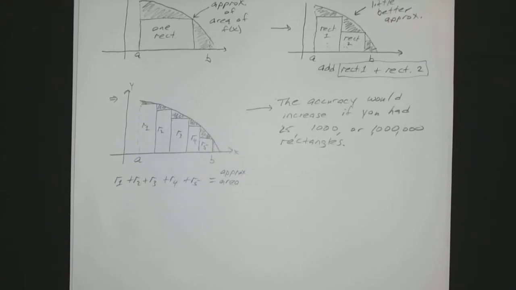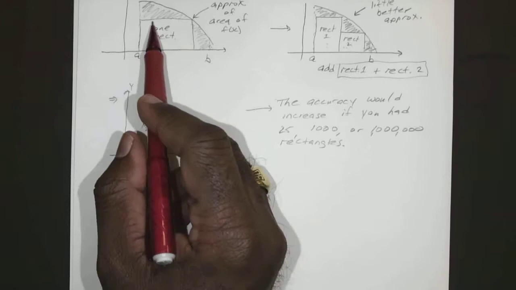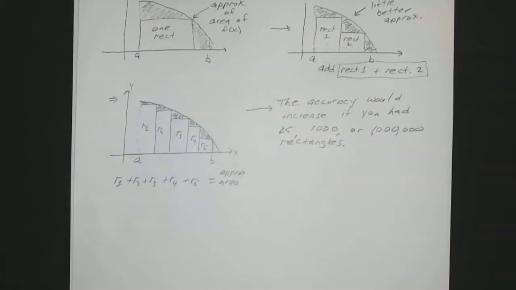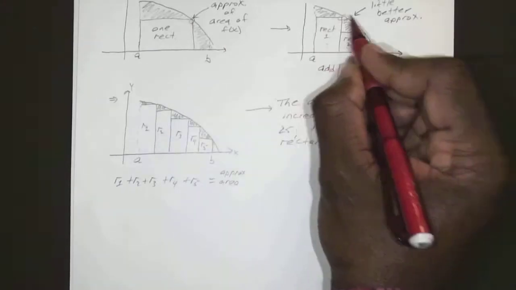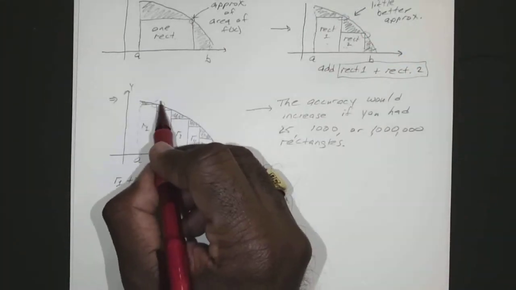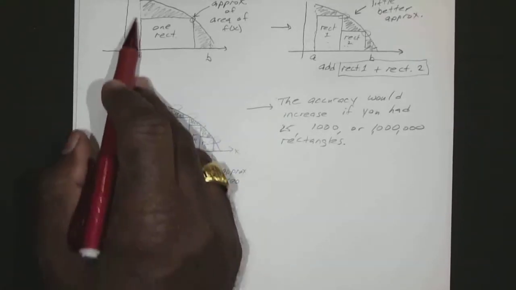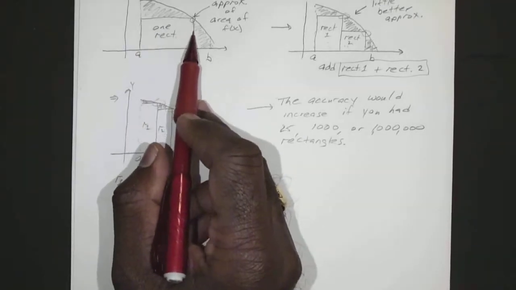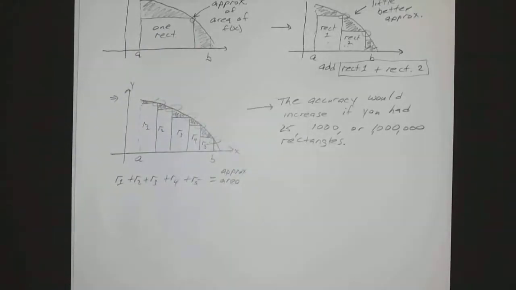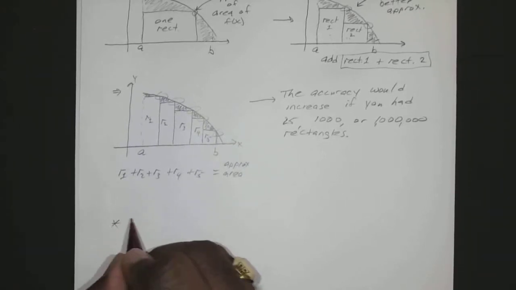Okay. Now, if you notice with these rectangles, each one of them is underneath the graph. And by them being underneath the graph, their right corners are actually on the graph. Okay? So you can see when the slope is decreasing and your rectangle is underneath, the right endpoint is going to touch the graph. Okay?